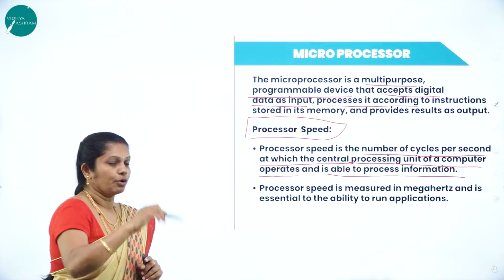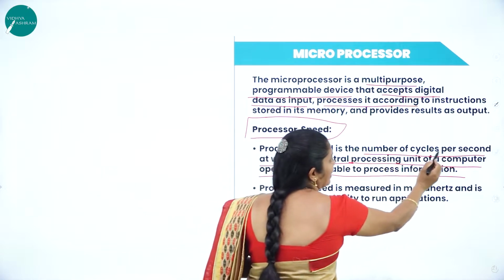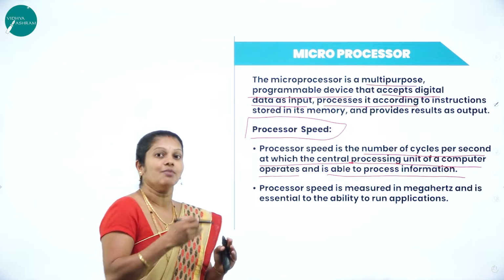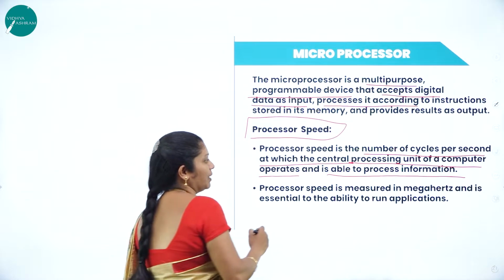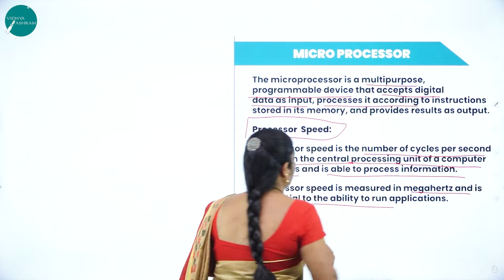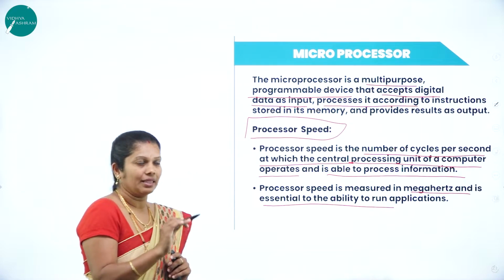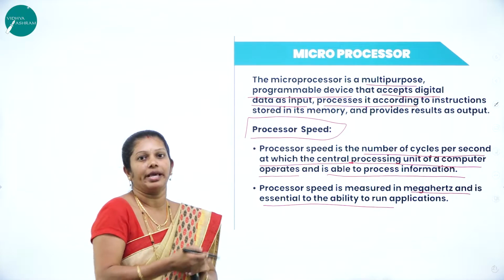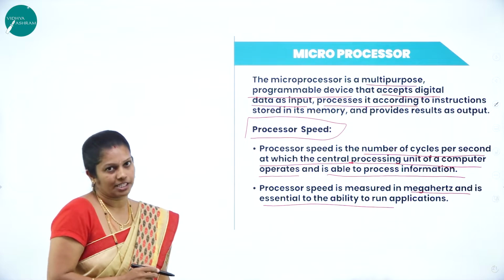It is how many instructions it is going to execute, the number of cycles per second at which the central processing unit of a computer system operates. That is nothing but processor speed. Processor speed is measured in megahertz and is essential to the ability to run applications. Mainly, it is how many instructions per second it will execute in the central processing unit. Regarding that, it tells you the processing speed.